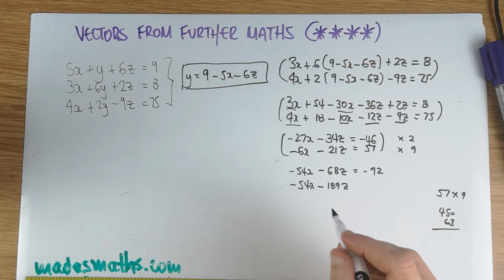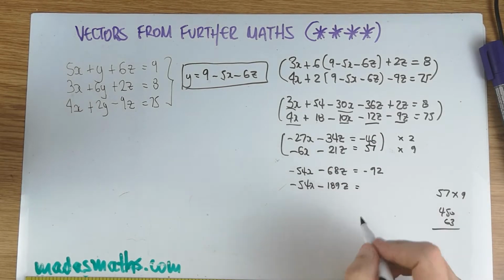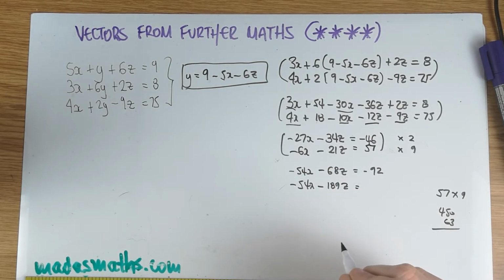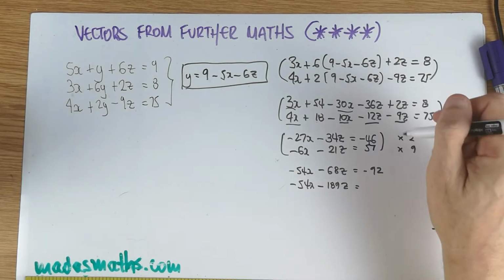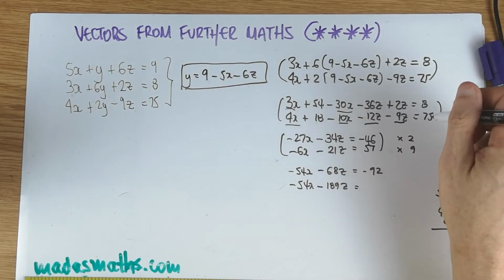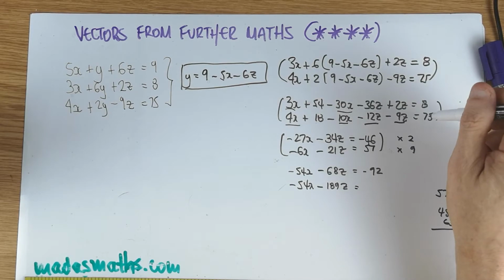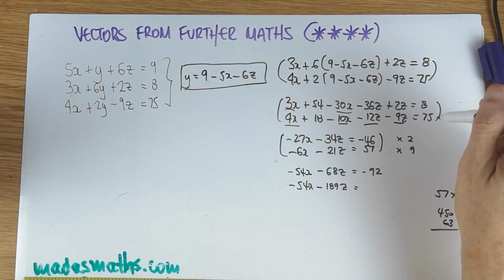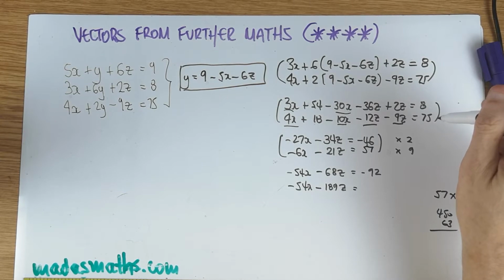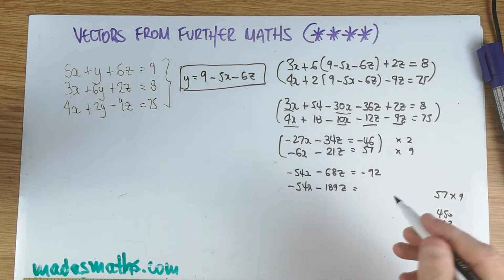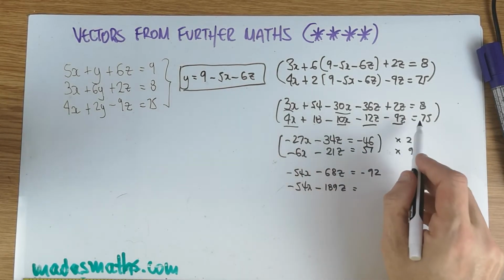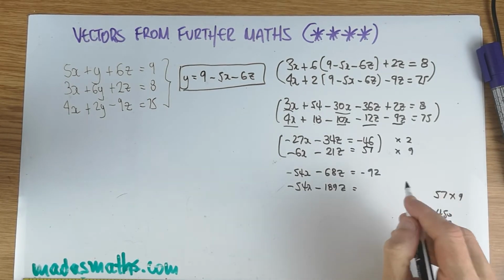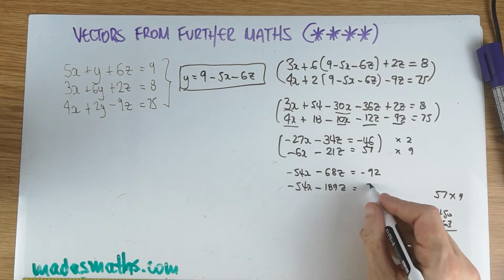I'll make it equal to negative, why negative? I'm mistaken, isn't it? Yeah, there is no mistake. No, it's not negative. It's 75 take away 18 is 57, and 57 times 9 is 513.